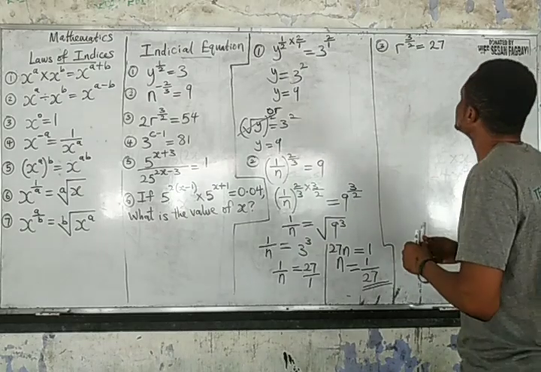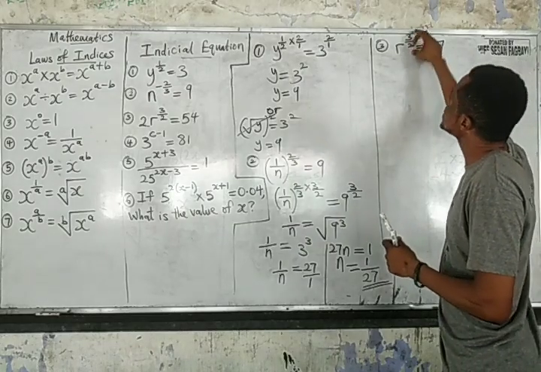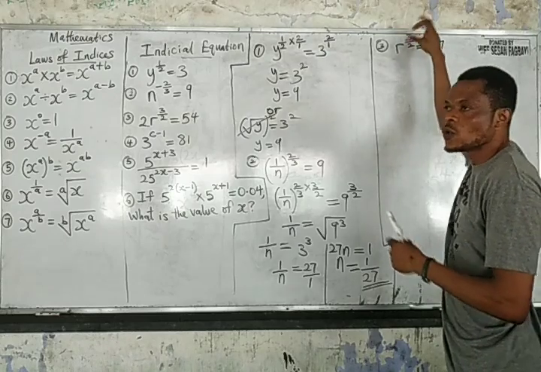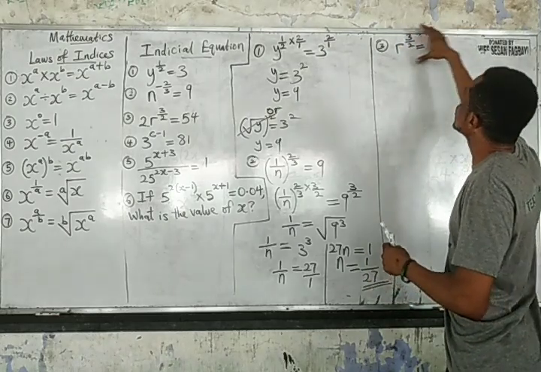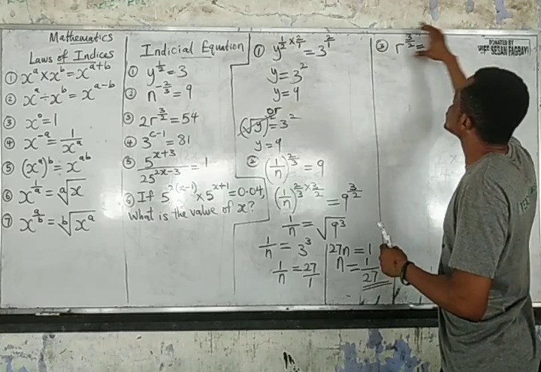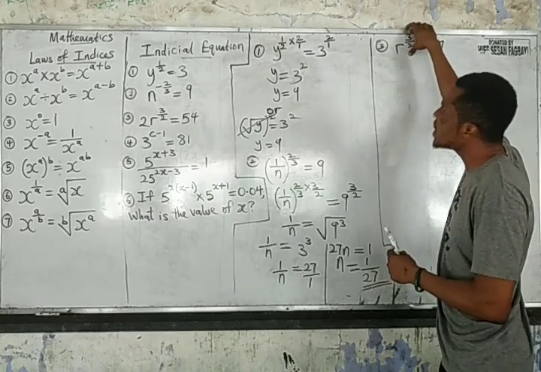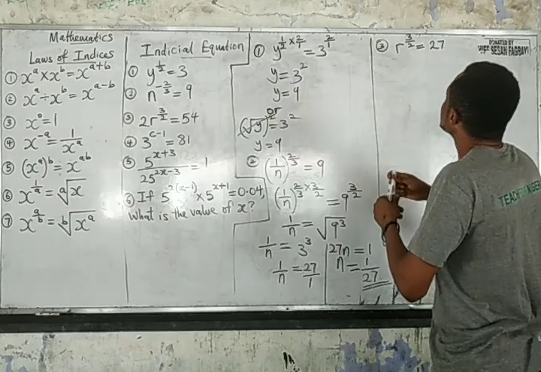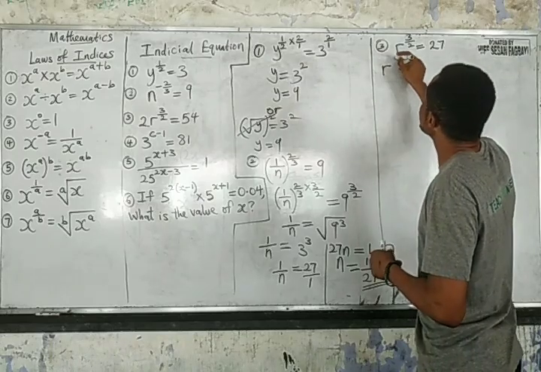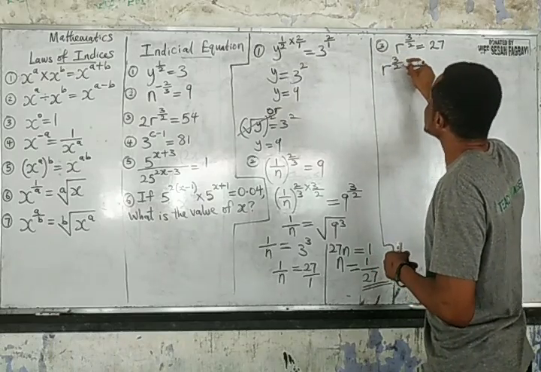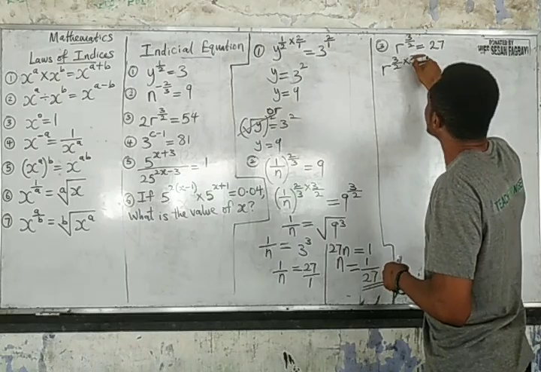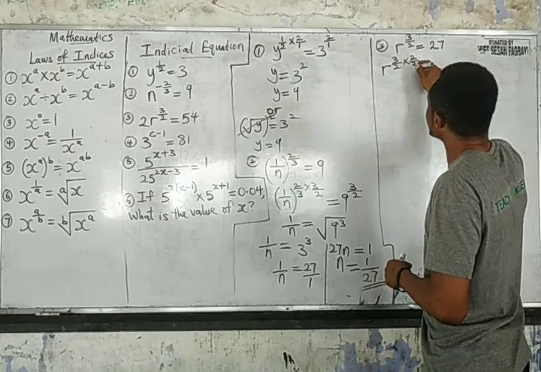On getting 27, we need to eliminate this power. So we multiply the two figures from the left and the right side by the inverse of the power here. So this will result to r raised to power 3 all over 2 multiplied by 2 all over 3.